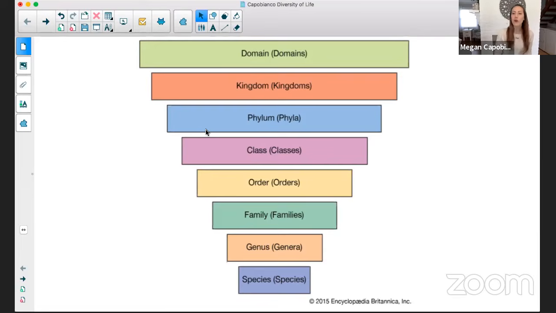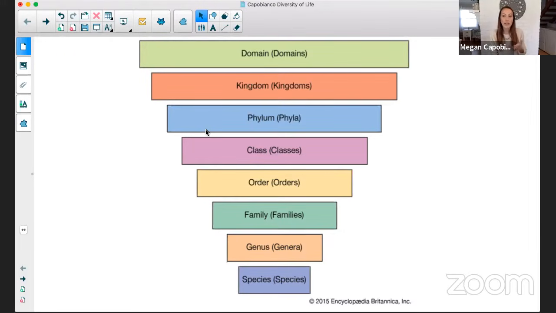All right. So you've heard the word species before, and actually, you may not have heard of this, but you've definitely seen it before. There's something called a binomial nomenclature. A binomial nomenclature actually stands for a two-name system.